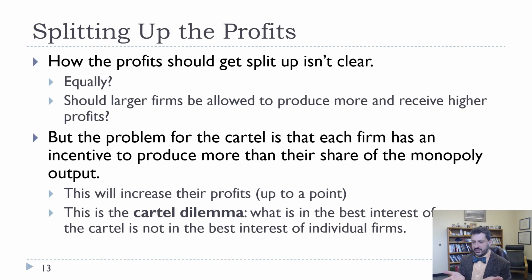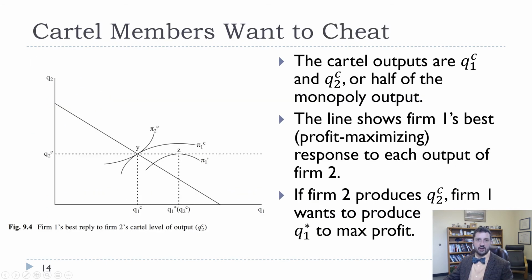But that increases my profits, which means that cartel collusion is not stable, right? And so the cartel dilemma says that what's in the best interest of the cartel is not in the best interest of the individual firms. And so the cartel has to be able to police themselves.